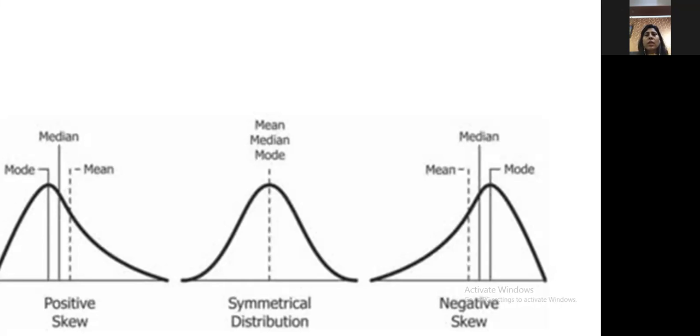And on one side, you will see a curve which has a tail extended to the negative part of the graph, extended to the left side. On the number line, on the left we have negative numbers, and on the right we have positive numbers. In the same manner, in the middle the distribution of the curve is symmetrical. That means the position of the curve is similar on both right and left.